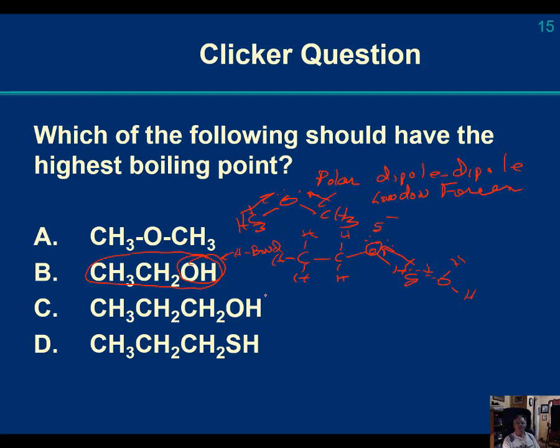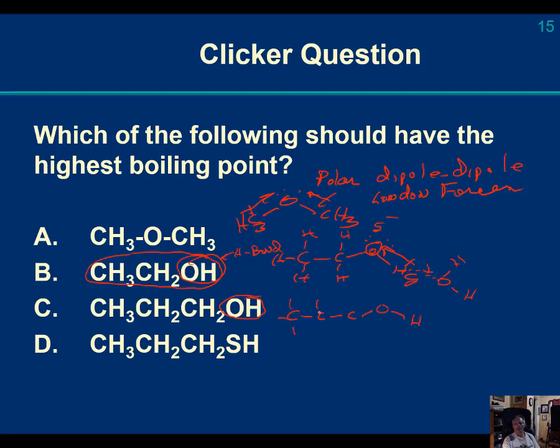This is propanol. It's n-propanol or 1-propanol. It is also an alcohol. But I want you to notice something. Every time I draw a carbon, just imagine that there are hydrogens coming off. It's got 3 carbons instead of just 2 carbons in the ethanol.